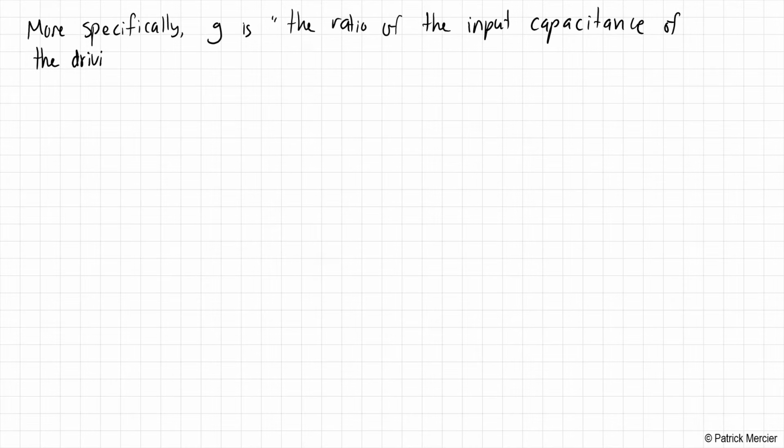G is, quote, the ratio of the input capacitance of the driving gate to the input capacitance of an inverter that can drive the same current.